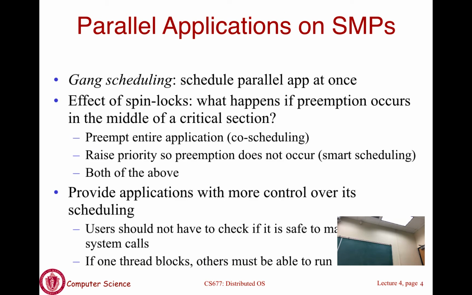Okay. So now I'm going to talk about one last point on multiprocessor scheduling, and then we'll switch gears to distributed scheduling. Okay. So this is parallel scheduling. Until now, when we talked about uniprocessor or multiprocessor scheduling, we assumed that processes were independent, threads were independent.